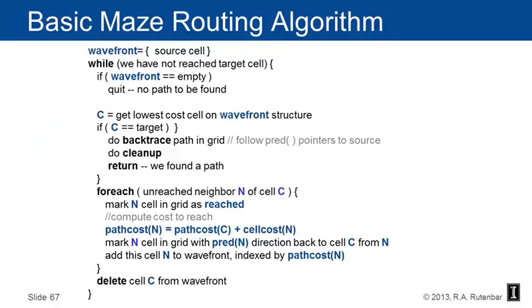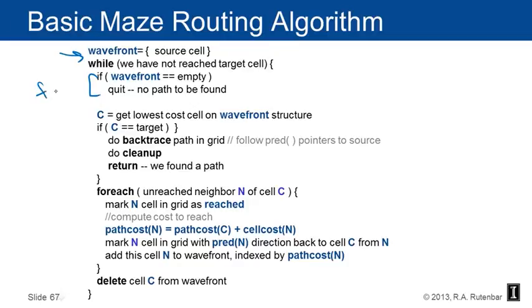So here we are finally. I've got pseudocode. Okay? So I've got the start up here, which says the wavefront is the source cell. Let's label the source cell. And then there's the big while loop that says while we have not reached the target cell, keep searching. And then there's how you quit. Well, there's one way you can quit, which is if the wavefront is empty, you quit, you failed, right?